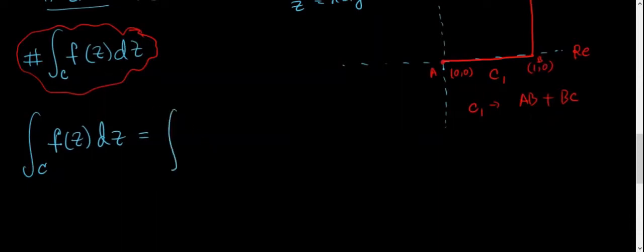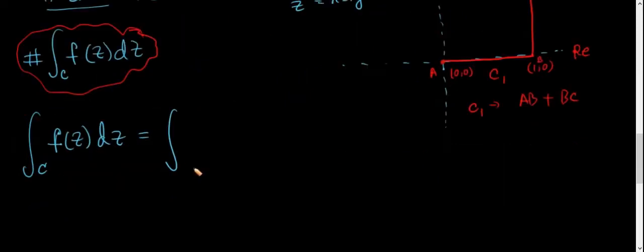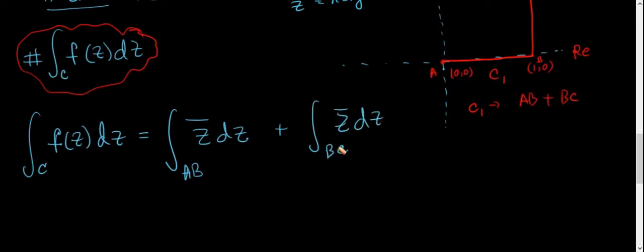So let's do that first, and obviously we are going to substitute f of z equals z bar, that is given over here in the first line. So at first we are going to evaluate this integral on the line AB, and you have your z bar dz over here, and then you will have BC, z bar, dz, right?